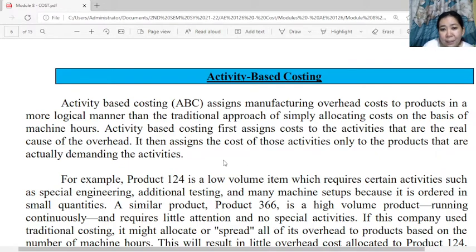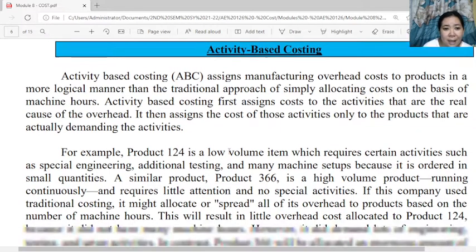But in activity-based costing, we will first assign cost to the activities that are the real cause of overhead, meaning we will only identify those activities which actually create overhead cost, and those activities which do not normally incur manufacturing cost will not be allocated any. It then assigns the cost of those activities only to the products that are actually demanding those activities.